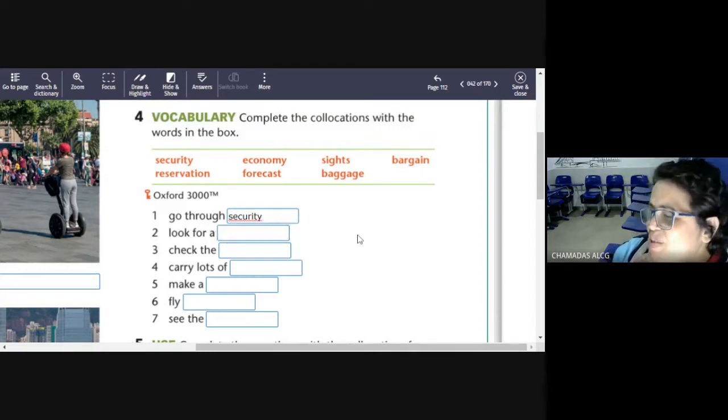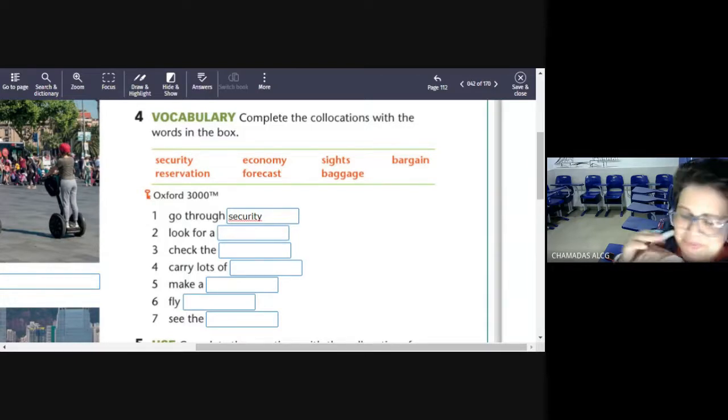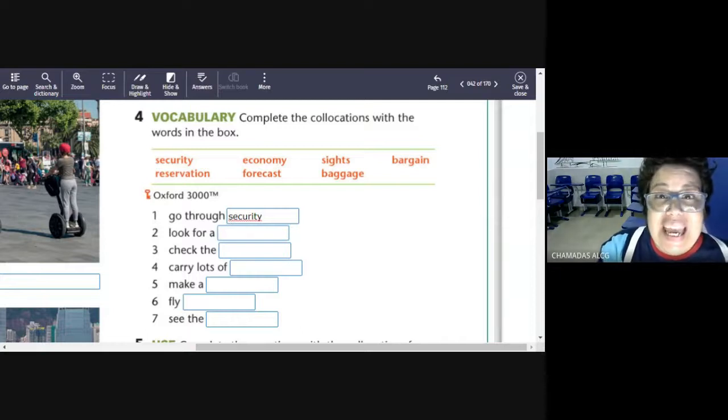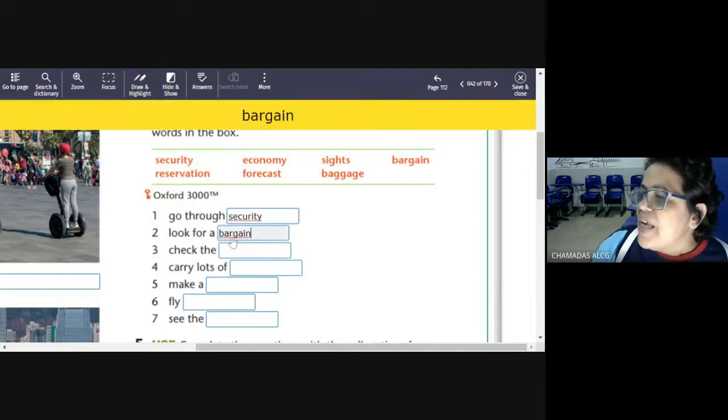Now, the next one. Look for a, what can you look for here? If you said bargain, you are right. Yes, look for a bargain. What is a bargain?